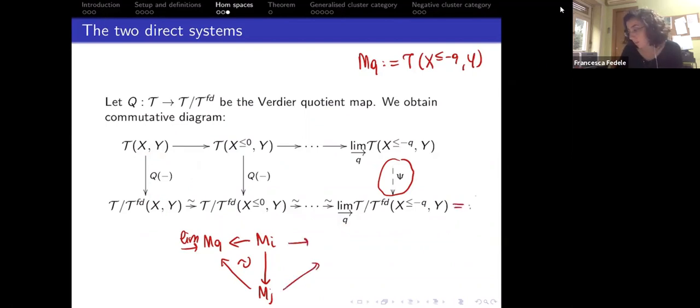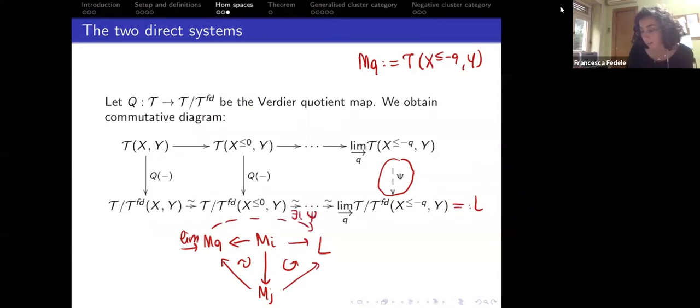So if we call this L, we get this other commutative triangle. And then by the definition of direct limits, there must be a unique psi such that this also commutes, and this is the psi we have in our diagram.